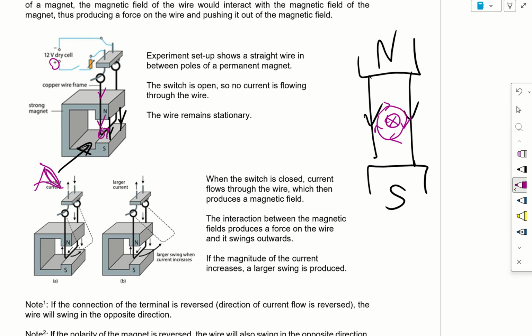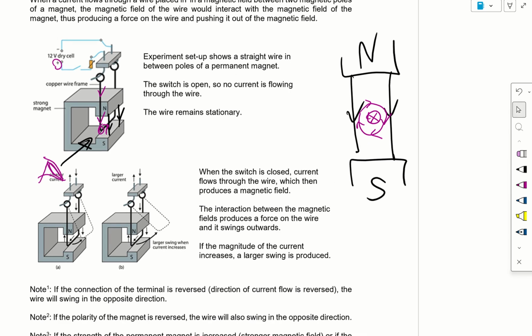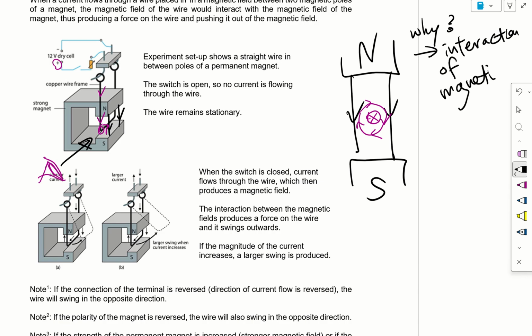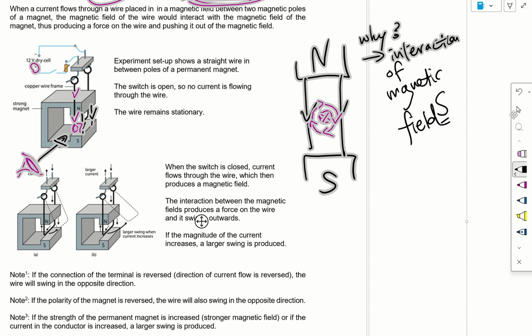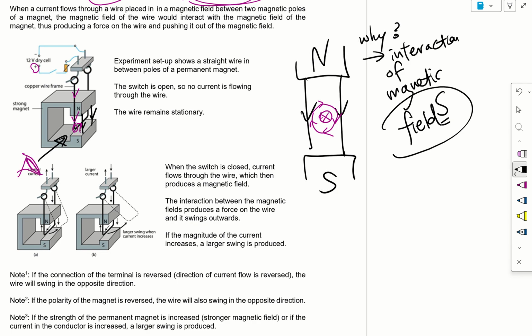Okay, so maybe I can explain why there will be a force. Okay, so firstly, why is there a force? It's because of the interaction of magnetic fields. So I need to emphasize the S here, because there must be two fields or more for them to interact.